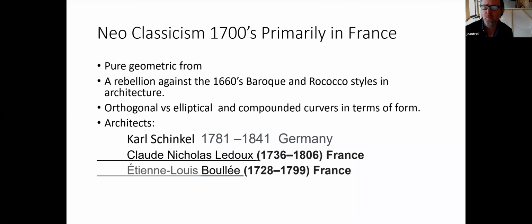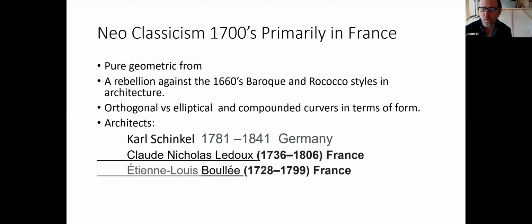Neoclassicism we're going to be looking at primarily in France, pure geometric form. I mentioned rebellion against Baroque and Rococo styles. If you remember, those are very overdone and very exuberant in terms of their geometry and, of course, their architectural language. So we're going to be looking at orthogonal versus elliptical and compounded curves in terms of form.